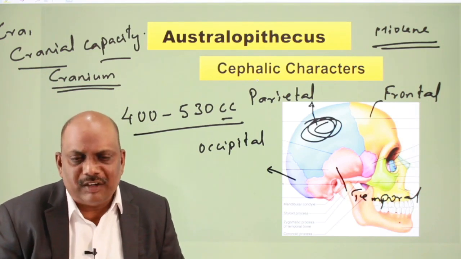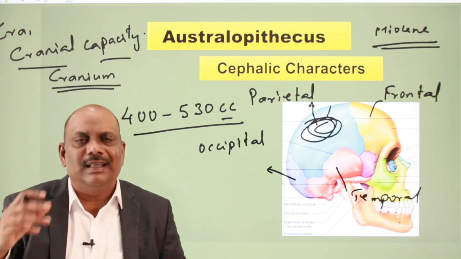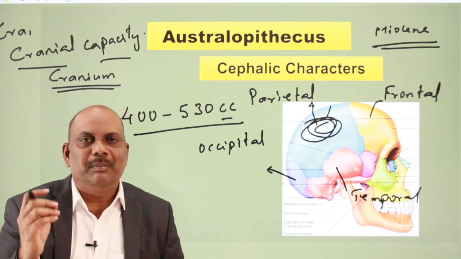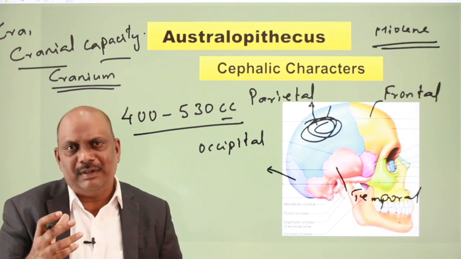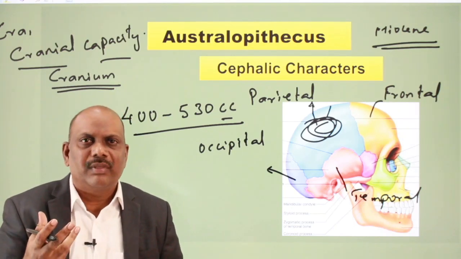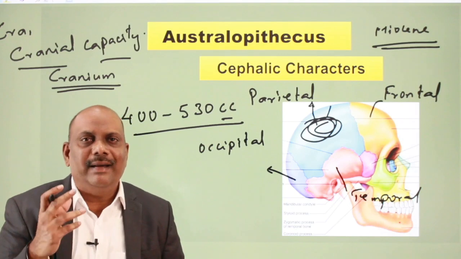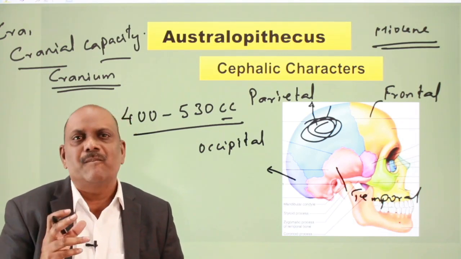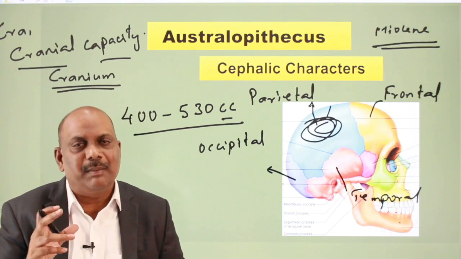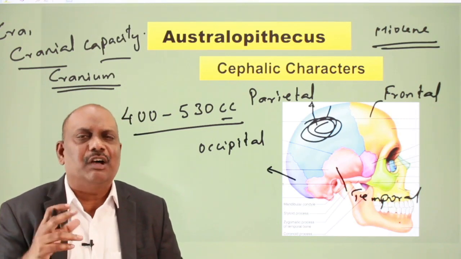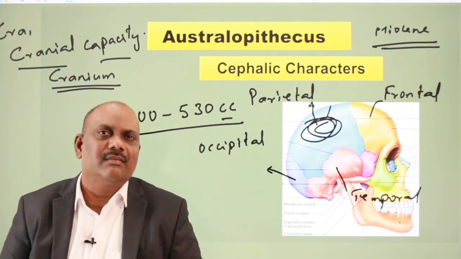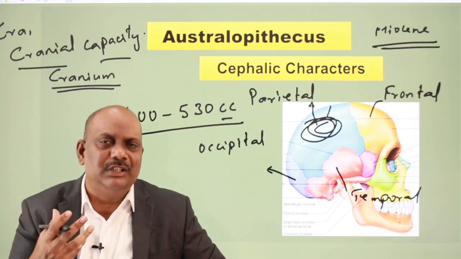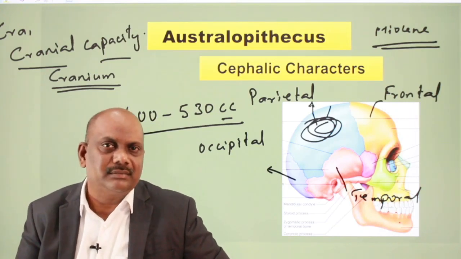The enlargement of the brain here, in the regions known for sound production, suggests that Australopithecus might have had some sort of verbal communication. They might have shouted at least, or used some sort of words to communicate.